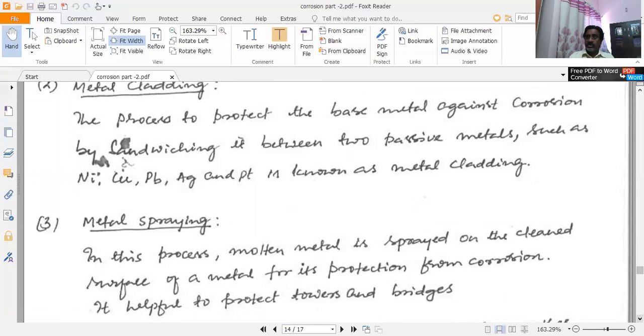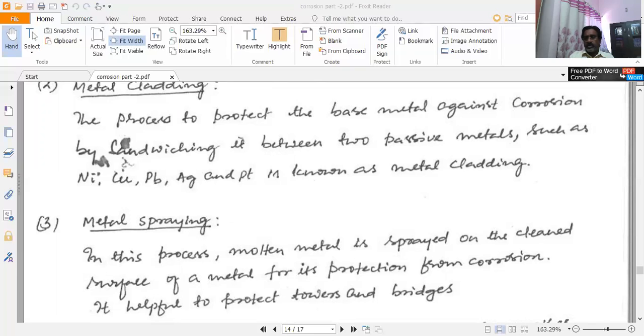Next one is metal spraying. In this process, molten metal is sprayed on the clean surface of a metal for its protection from corrosion.